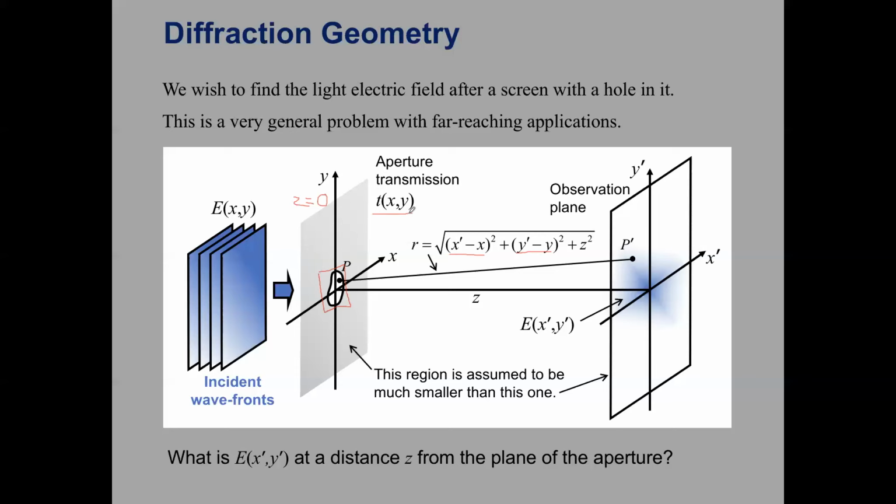If you have a really, really narrow slit, t of xy might be a delta function, as you know from quantum mechanics. So that's what we're going to call t of xy: the transmission function. Basically, where the aperture is open, t is equal to 1, and everywhere else on the screen, t is going to be equal to 0.